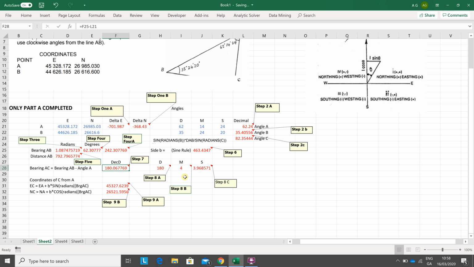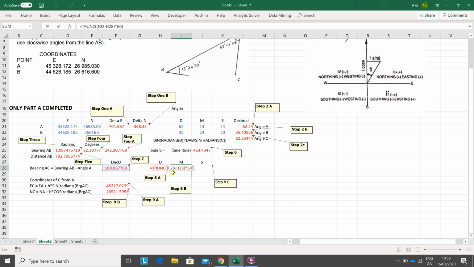Now we have to convert cell F28 to degrees, minutes and seconds. So there we just trunk it. By trunking we just take off the 0.06. Next bit there, we want to work out the minutes bit.